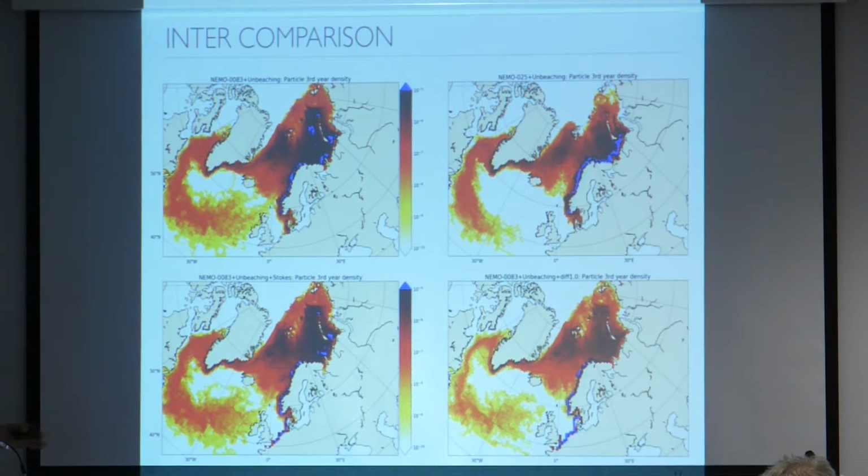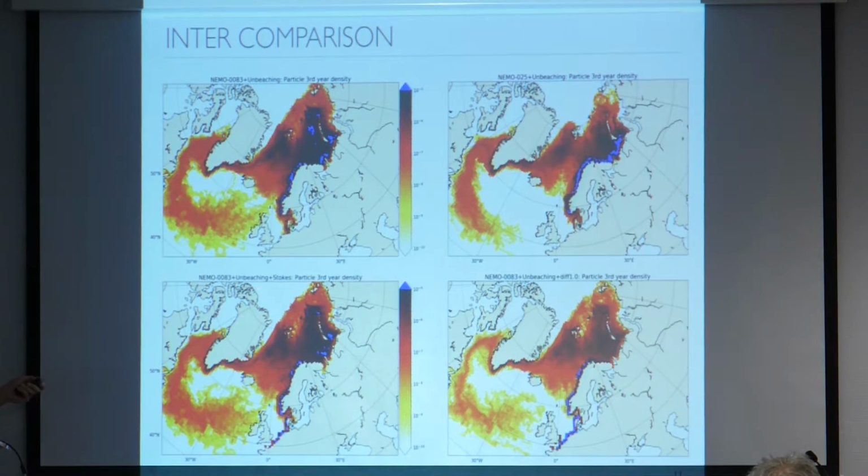If we can still push to have a high resolution, even better. But still, resolution has importance. So here, what do we see mostly? We have a bit more accumulation with low resolution, and we don't see it so much on the screen, but we see it later on. We also have more beaching on the Norwegian coast.